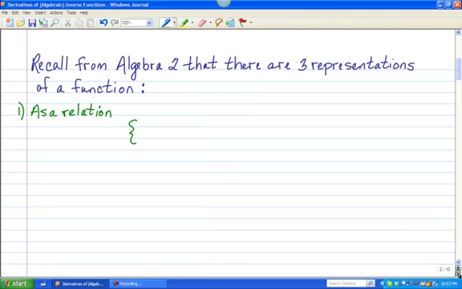So for example, if you had the relation (5, 3), (2, 3), and (-1, 0). So this is a function because it is true that each element, each x of the domain is paired with one and only one element of the range.